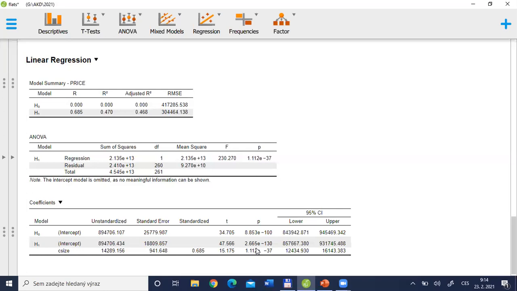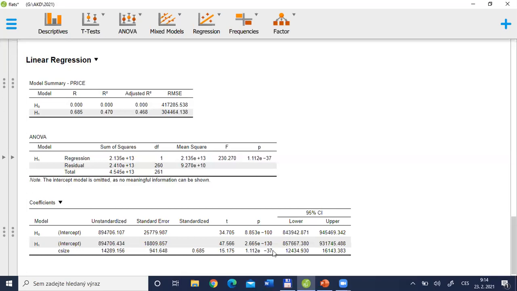Current recommendations in the literature discuss lower limits such as 0.01 or 0.005. But nevertheless, here we have a very small value, 1.112, and exponentiated -37 means that this value is 0. then 36 zeros after the decimal place, and then 1.